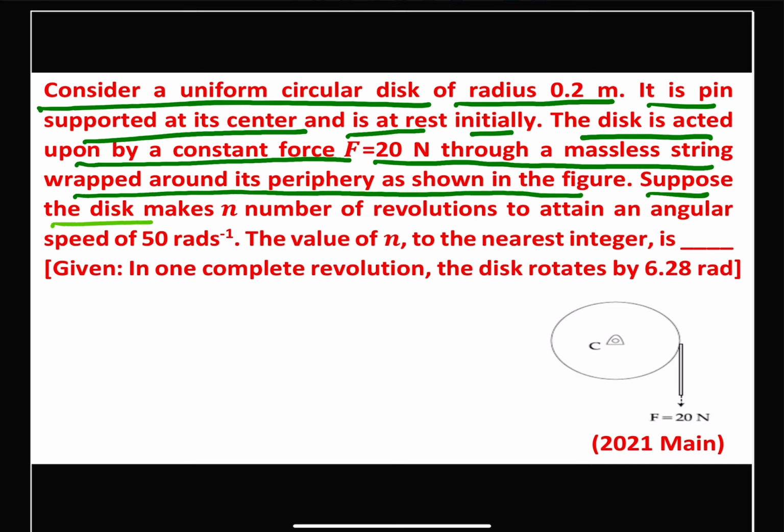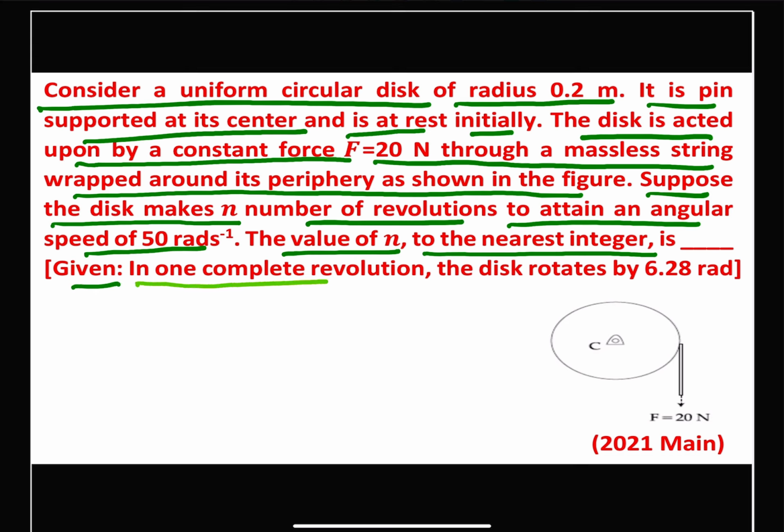Suppose the disk makes n number of revolutions to attain an angular speed of 50 radians per second. The value of n to the nearest integer is, given that in one complete revolution the disk rotates by 6.28 radian.